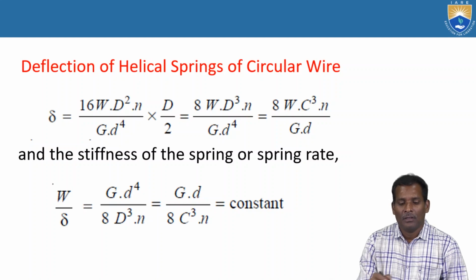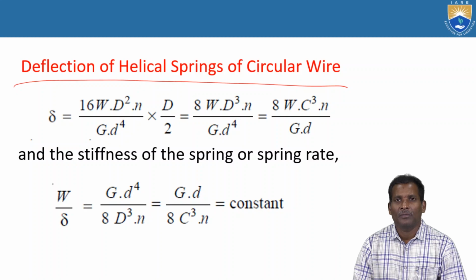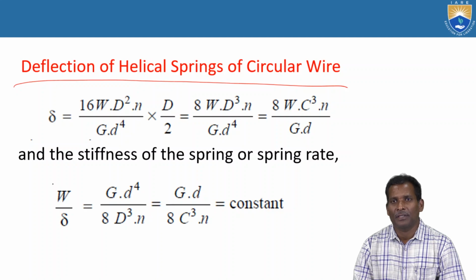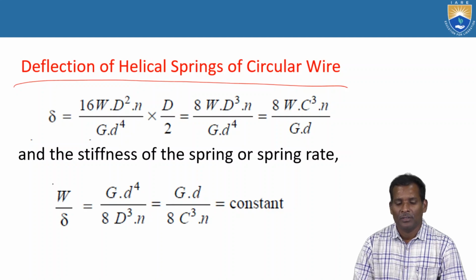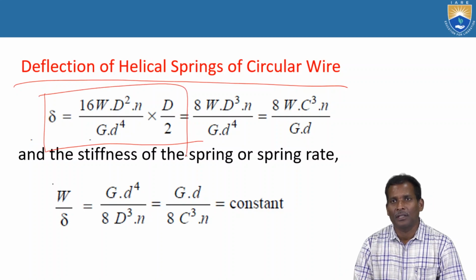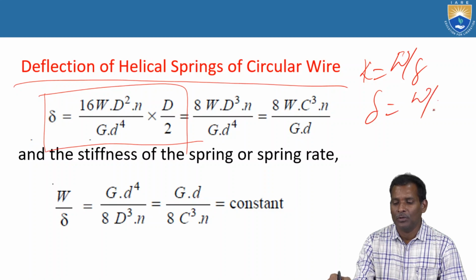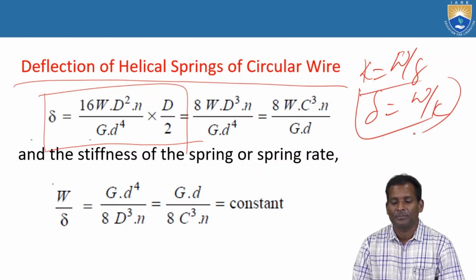See, another term is deflection, the deflection of a helical spring of circular wire. How do you calculate the deflection? By using this empirical relation, you need to calculate. Load upon stiffness: k is equal to load upon deflection. So deflection is equal to load per stiffness.